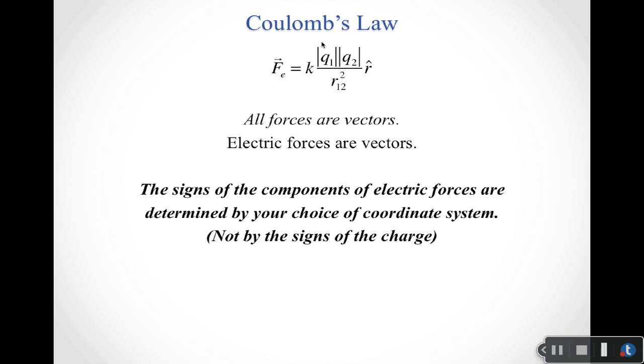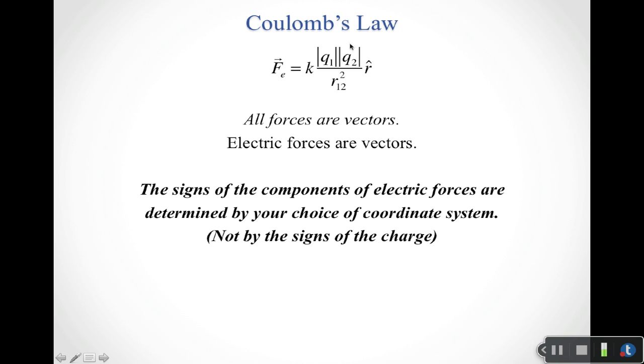The first one is, because these are vectors, the signs of the components of your electric forces are determined by your choice of coordinate system. So if you have a force that points to the right, and you pick to the right to be the positive direction, that component of the force has to have a positive sign, regardless of what's going on in here.